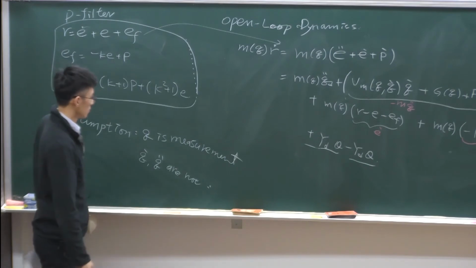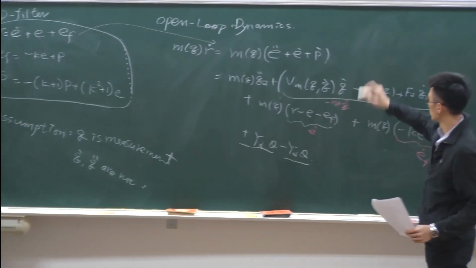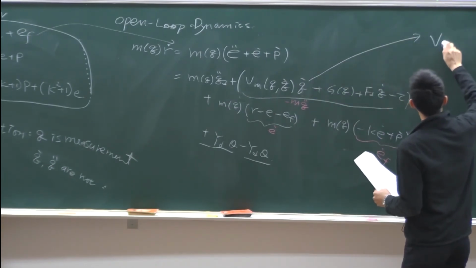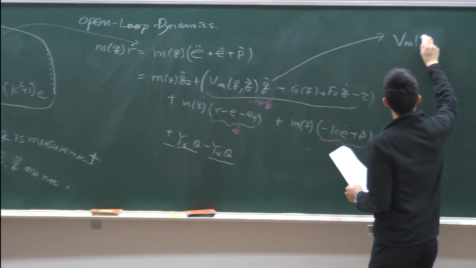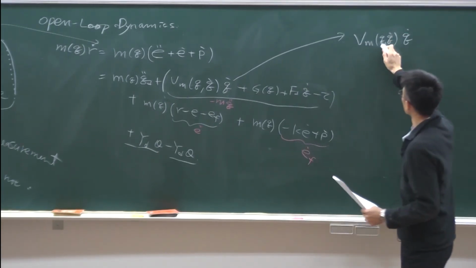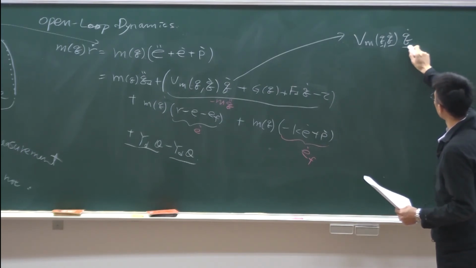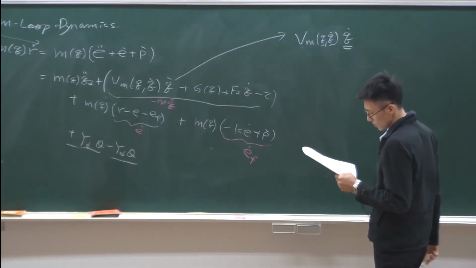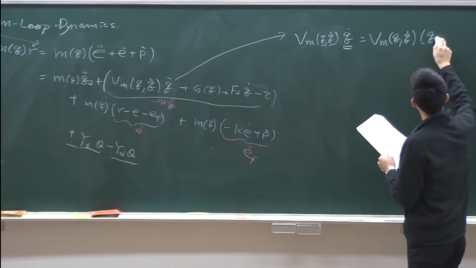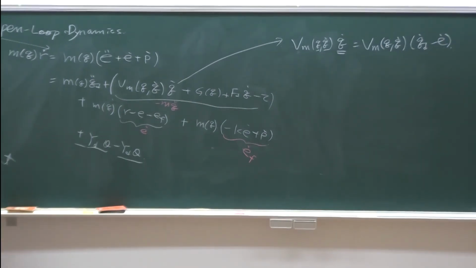So we replace Q dot. Q and Q dot are functions of the filter, and we replace Q dot by Qd dot minus E dot, the tracking error.